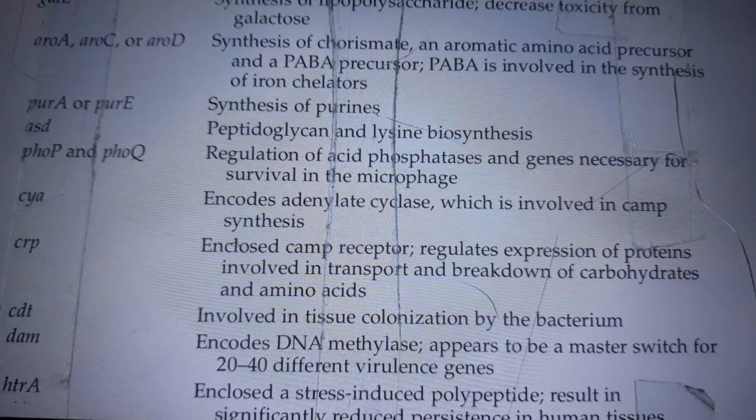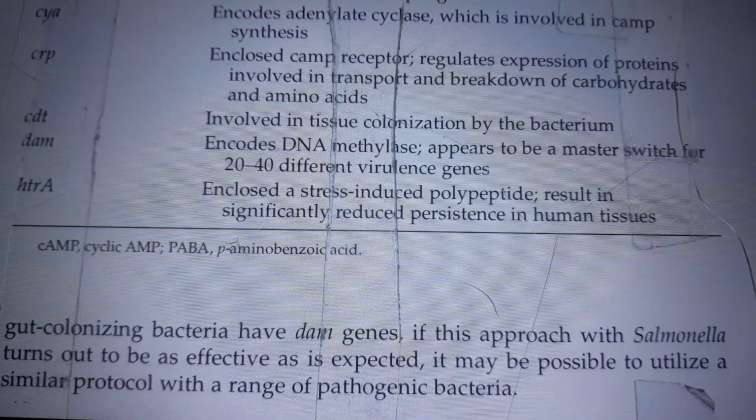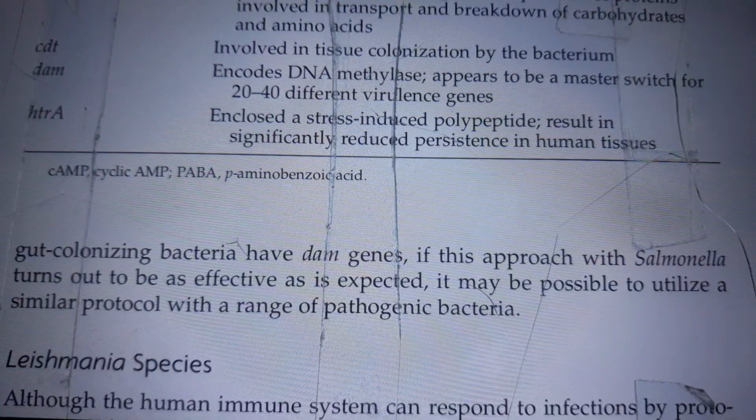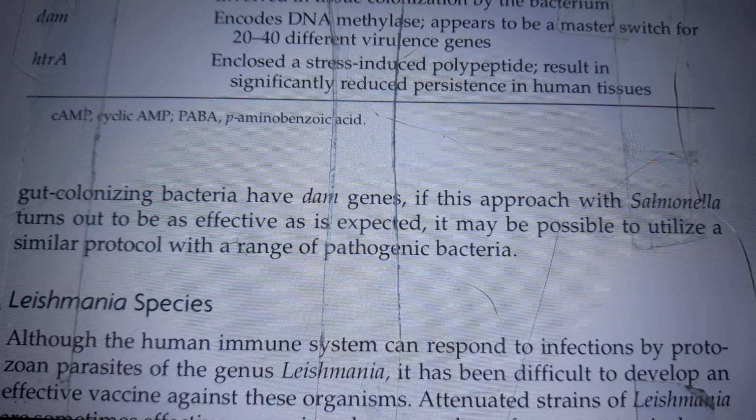Then you have phoP and phoQ, regulation of acid phosphatases and genes necessary for survival in the macrophage. cya encodes adenylate cyclase, which is involved in cAMP synthesis. crp encodes the cAMP receptor protein, which regulates expression of proteins involved in transport and breakdown of carbohydrates and amino acids. cdt is involved in tissue colonization. dam encodes DNA methylase, and appears to be a master switch with 20 to 40 different virulence genes. strA encodes a stress-induced polypeptide, and its deletion results in significantly reduced persistence in human tissues.